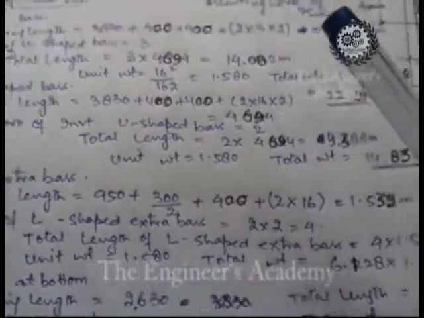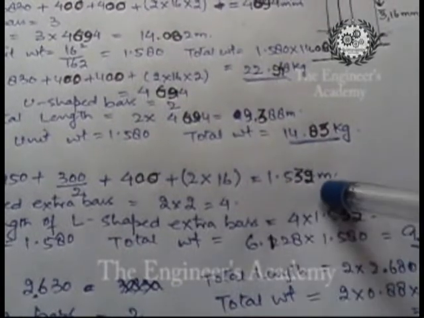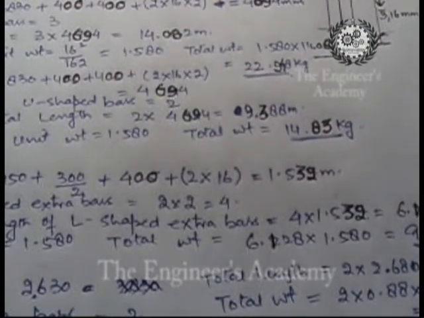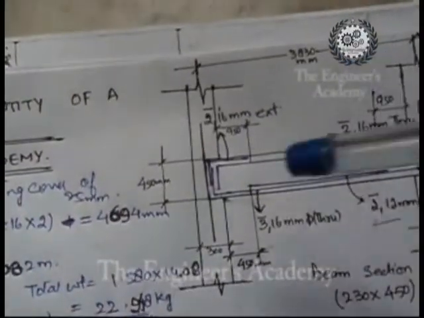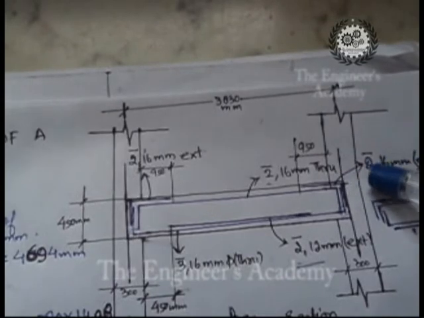So overall we'll be having a length of 1.532 meters of a single L extra bar, and we have a total of 2 extra bars at this end and 2 extra bars at this end as is shown here.